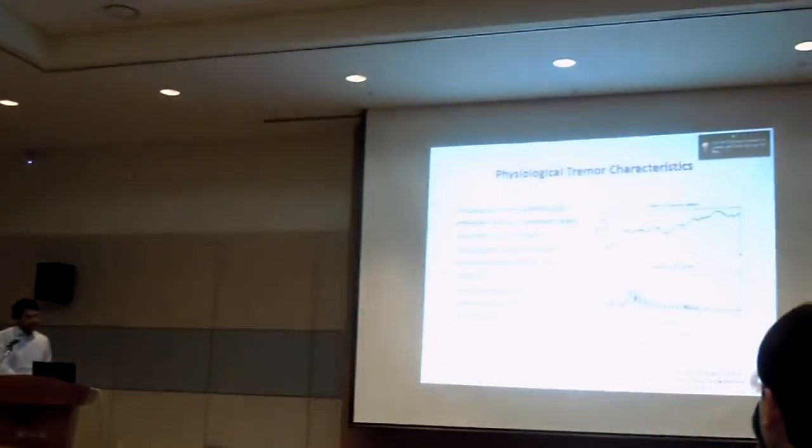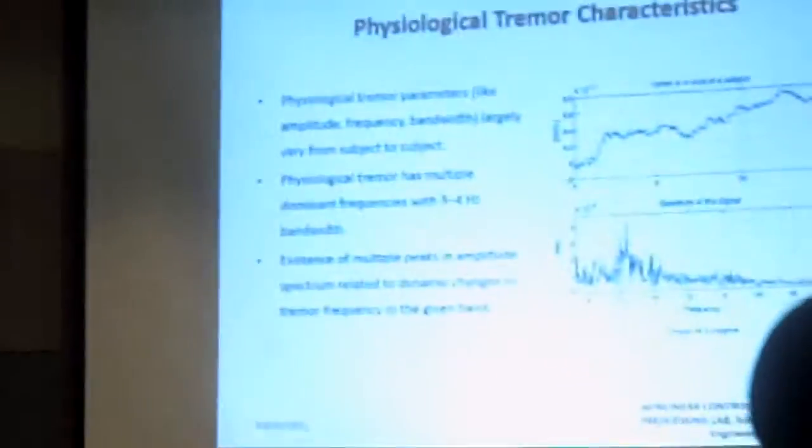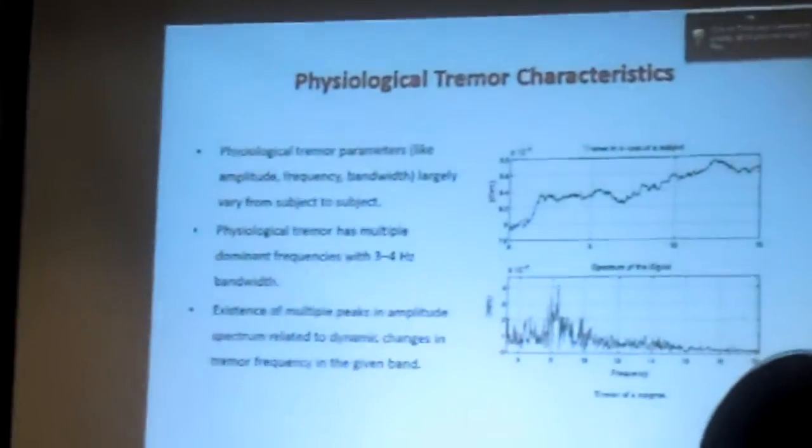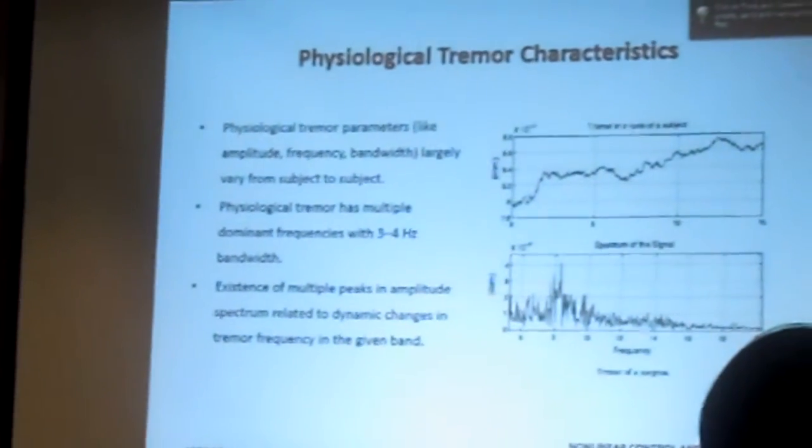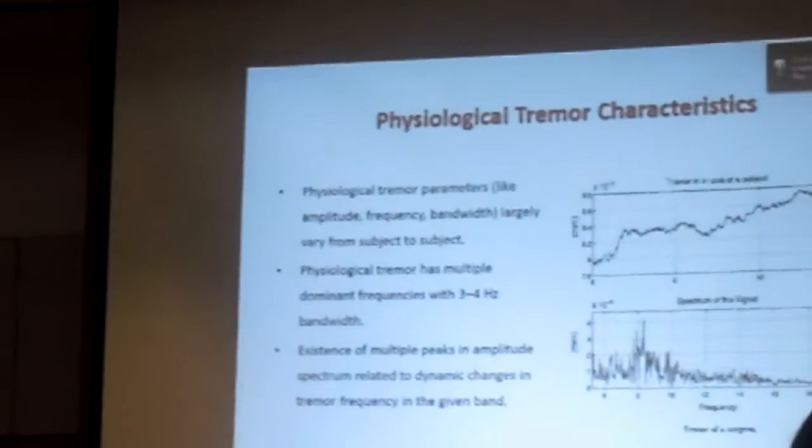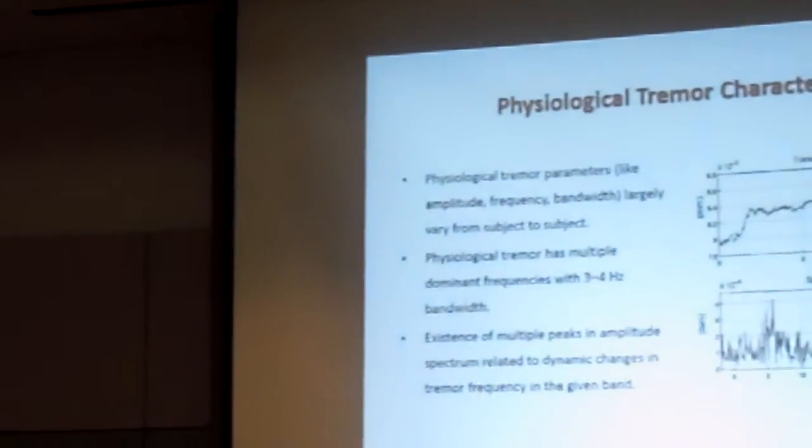Okay. Let's go to the physiological tremor characteristics. The physiological tremor parameters like amplitude, frequency, and bandwidth vary largely from subject to subject, which means it's not constant for everyone, and it has a band of 3 to 4 hertz mainly, and it is around 8 to 12 hertz.